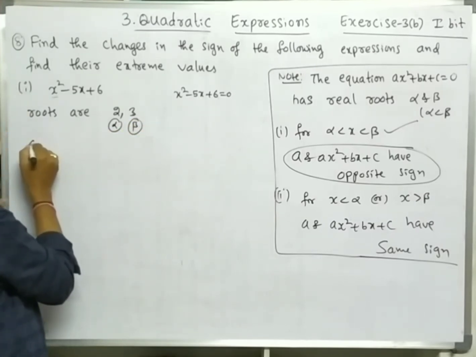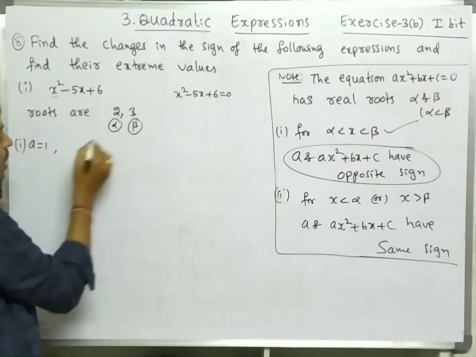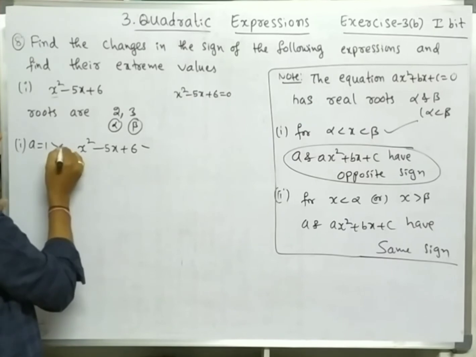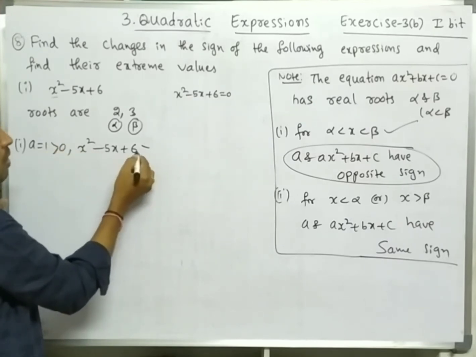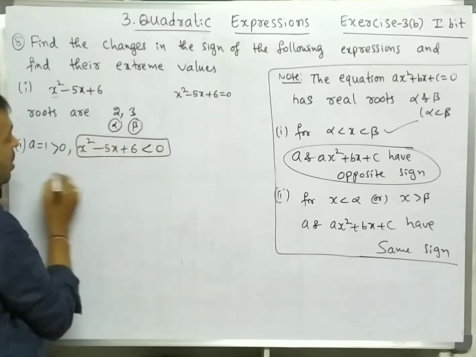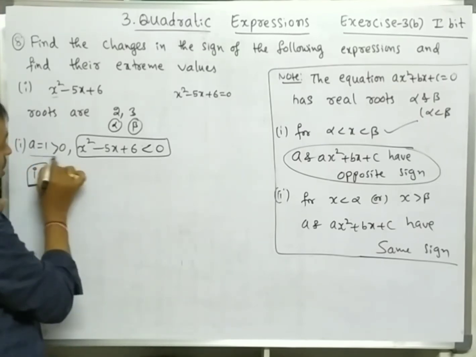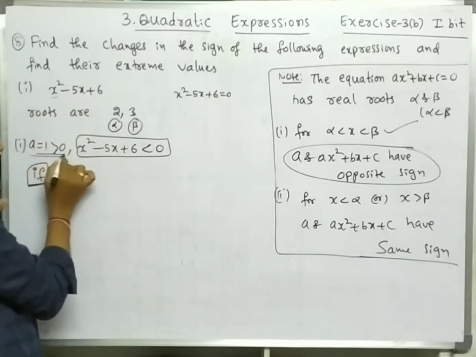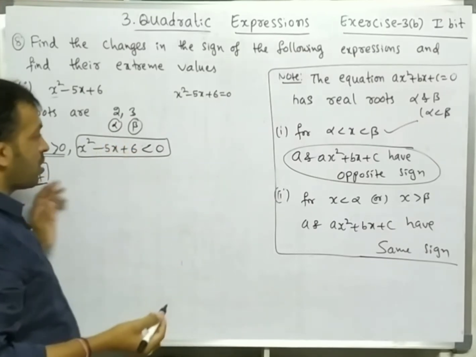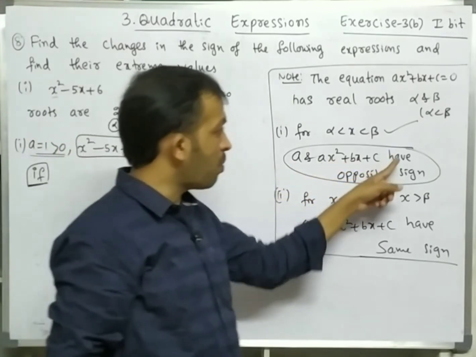First case, here the value of a is 1, which is positive, and I am taking the quadratic expression x square minus 5x plus 6 as negative. The value of a, the x square coefficient, is positive, and the quadratic expression is negative, so they have opposite signs.